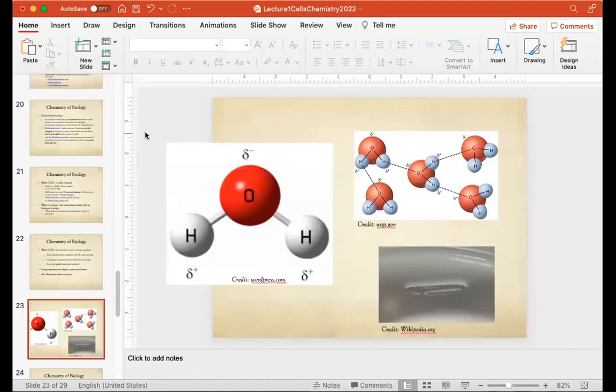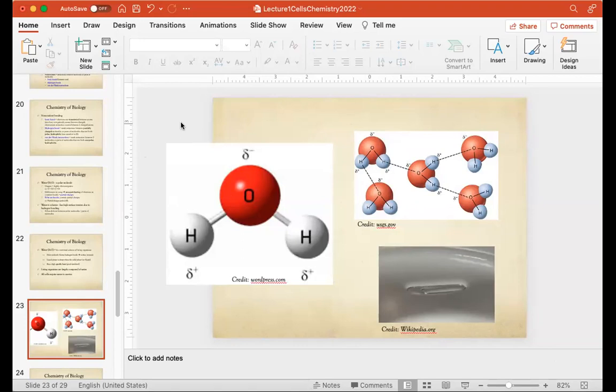Remember, we talked about these weak attractions. We talked about hydrogen bonds and van der Waals interactions. Here's what I want you to remember. Hydrogen bonds form when partial charges are present. Jot that down in your notes. Hydrogen bonds form when partial charges are present.